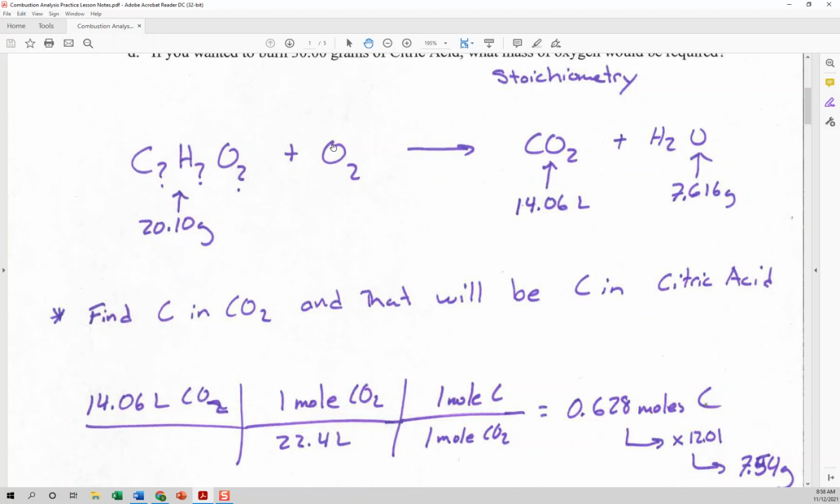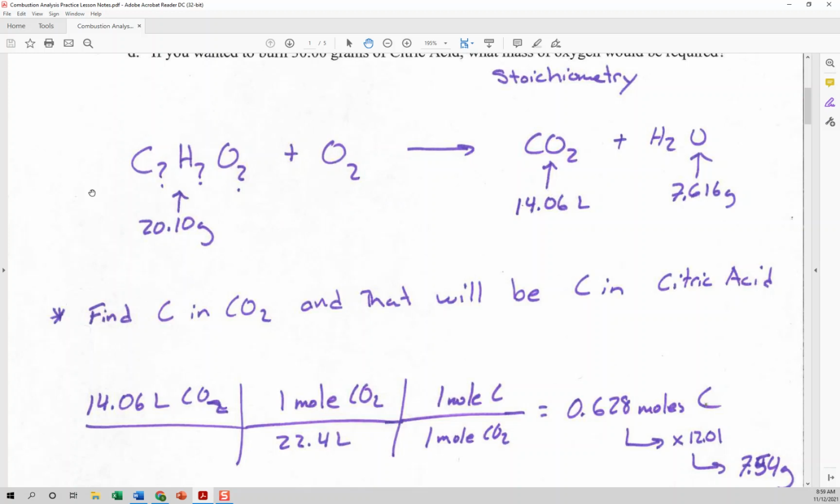So if we wanted to figure out this mass of oxygen that reacted here, it would just be this plus X equals this plus this, right? We'd have to figure out the mass of this. And then if we figured out what grams of this was, we would say grams of this plus grams of that equals grams of this plus X. And that would give us how much O2 reacted.